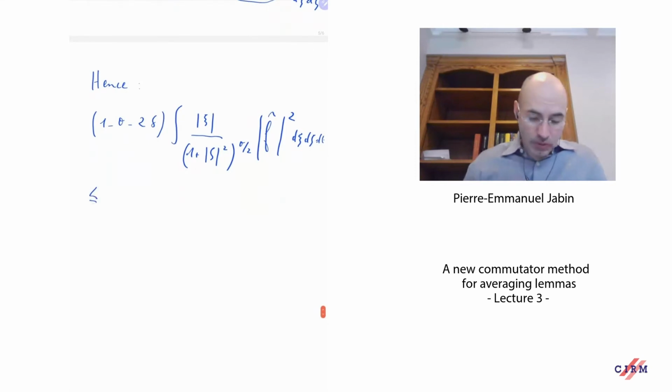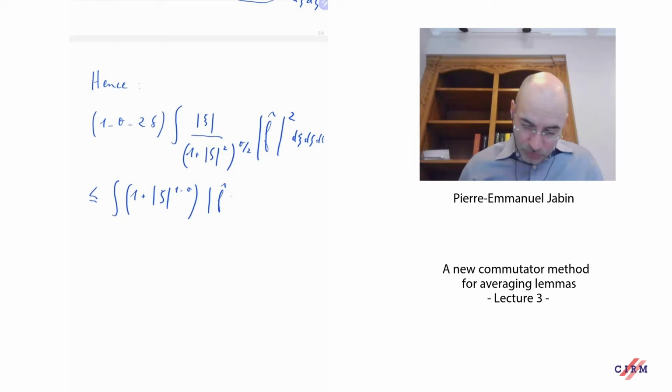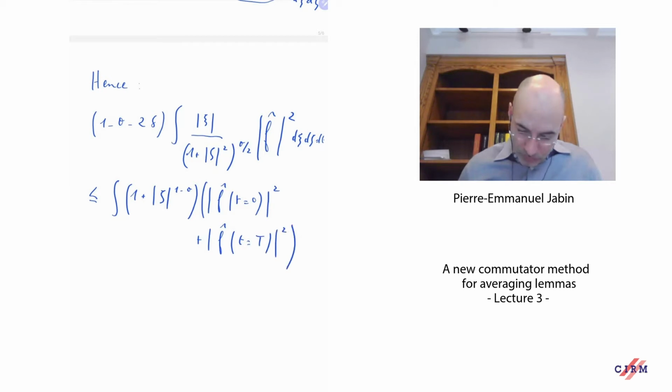And now this is going to be less or equal than a certain number of functions of f. So this is f hat at t equals 0 squared plus f hat at the final time interval zeta.